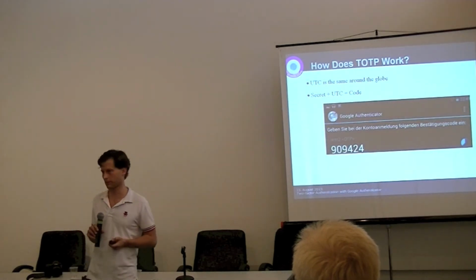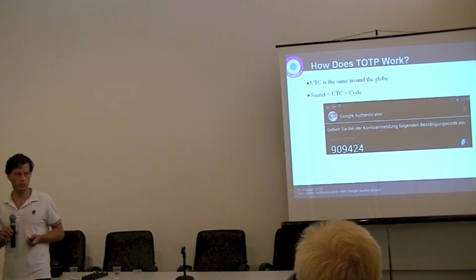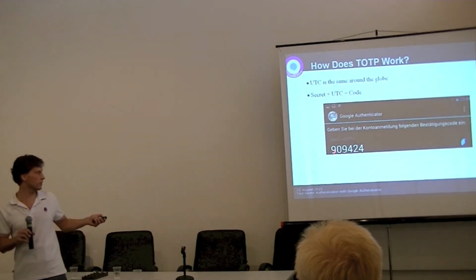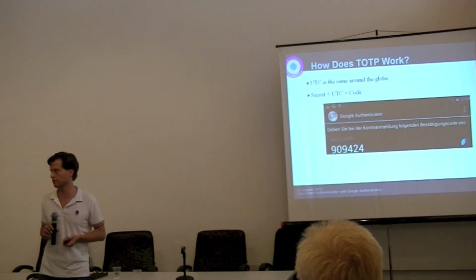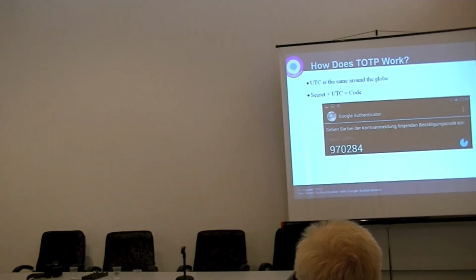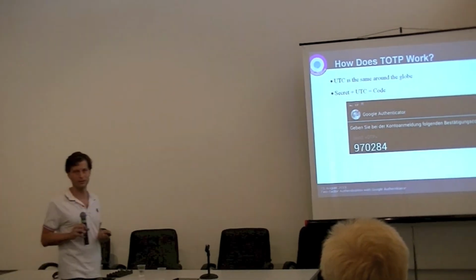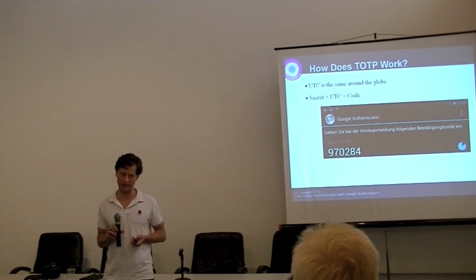And this looks like this in the application. It shows you some account, the test2 account, and then in large friendly letters the current code you need to enter. And a minute later, that code has already changed, and hopefully nobody can predict it from sniffing your network traffic or something like that.